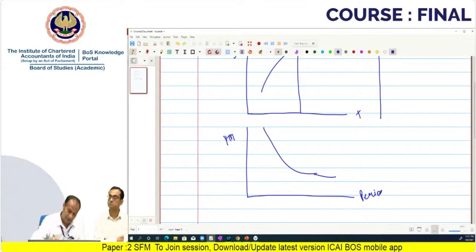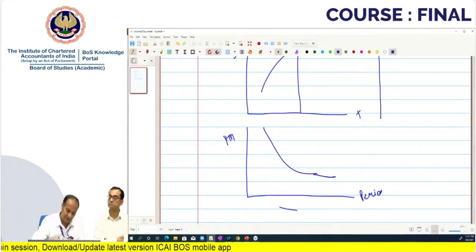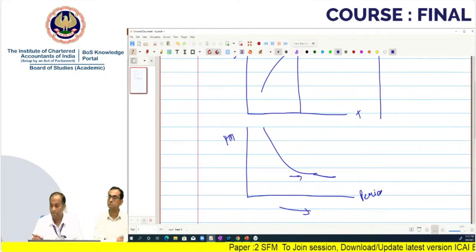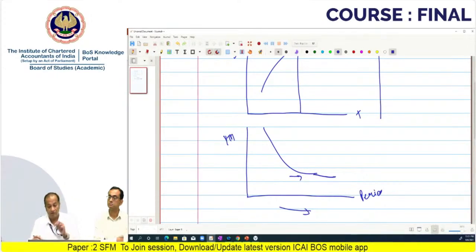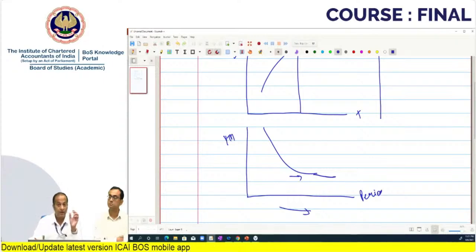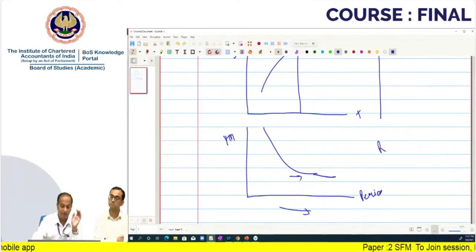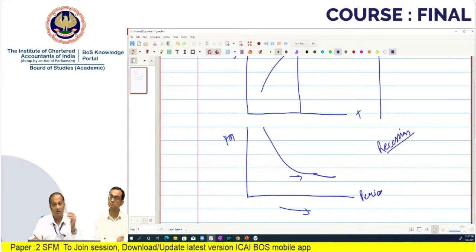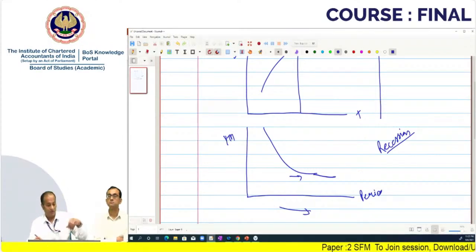Okay, now what happens with the increase in the period? The yield is coming down. Please note, this is a symbol of recession, when people are more interested in short-term securities.